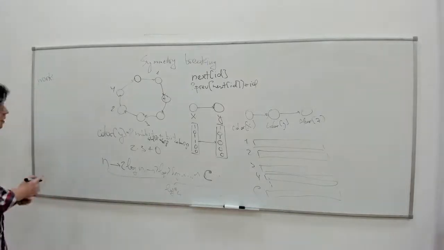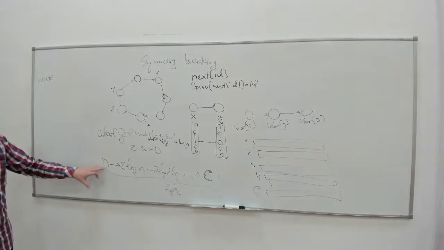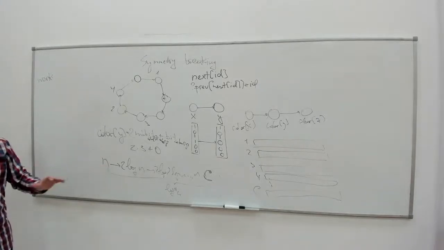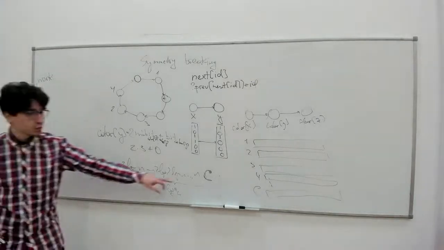Alexander, do you understand? There is no question with complexity. I just don't fully understand when we start putting our elements in these color arrays. Okay, let me explain again. We are trying to shrink the number of different colors to some constant.